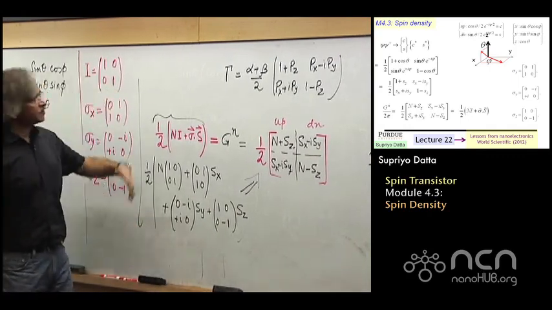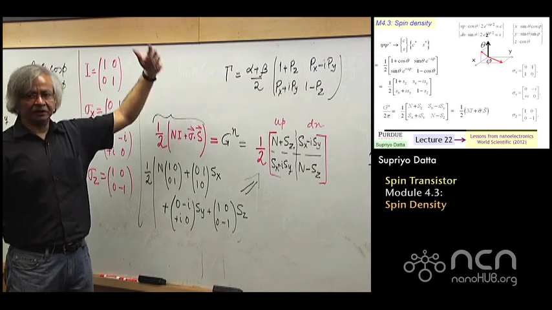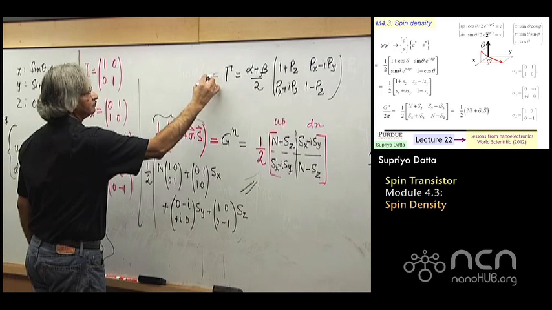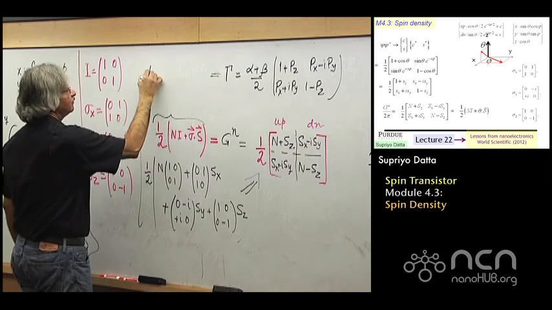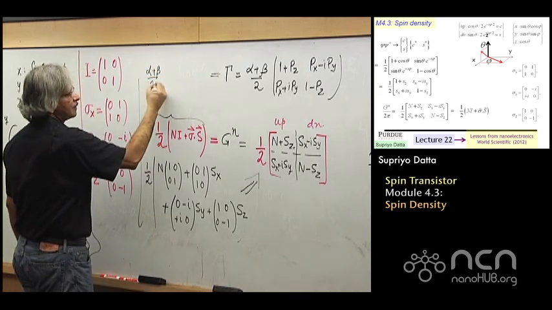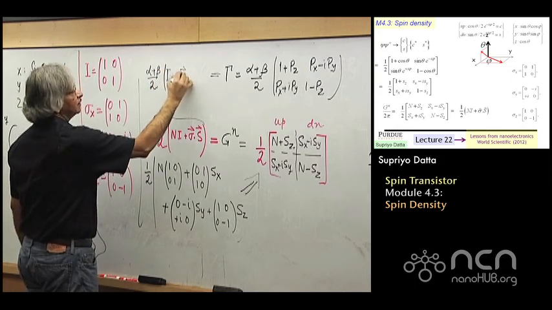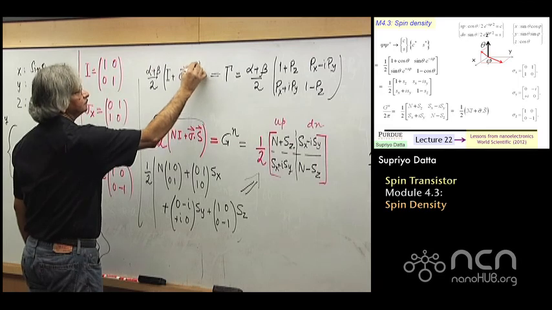And similarly, the gamma that we had obtained earlier, in the last module, could also be written in a compact form. It could be written as alpha plus beta over 2 times I plus sigma dot p.